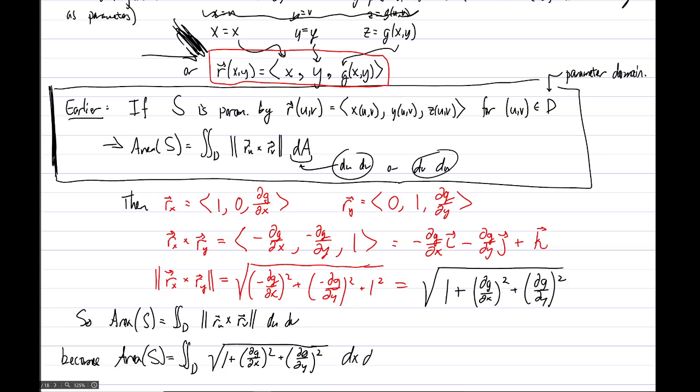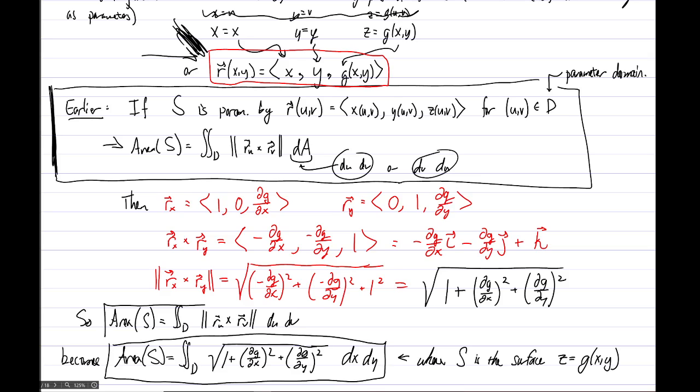We'll write a dx dy just to emphasize how it's different from a du dv. So this is the formula you can use where S is the surface given by z equals g of x comma y. You have a function g of two input variables, and this is just a special case of the area formula we have right there.